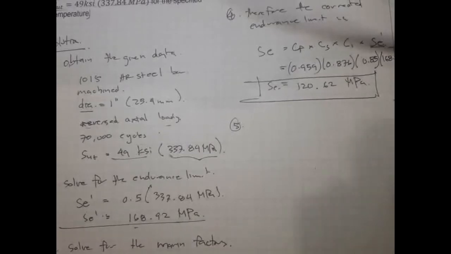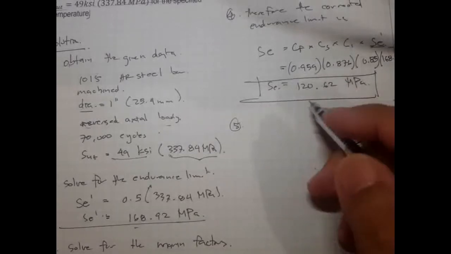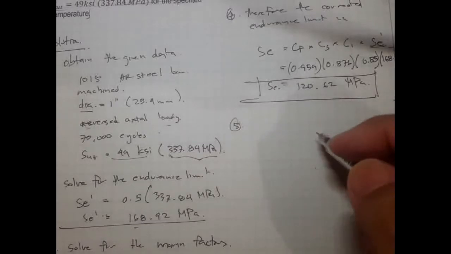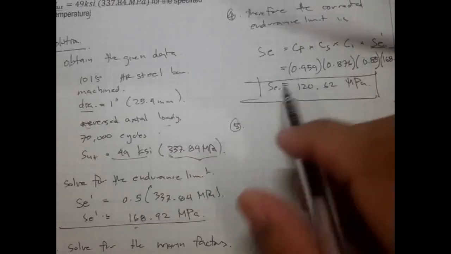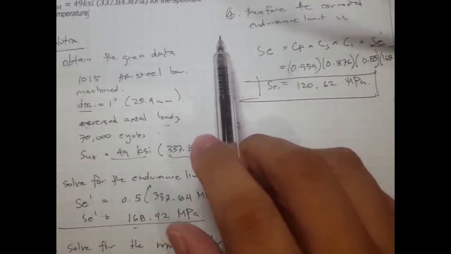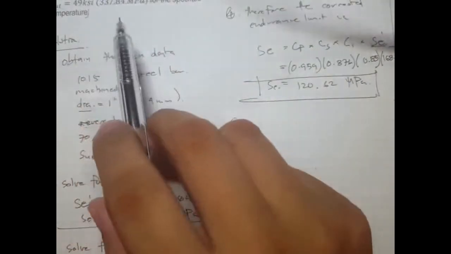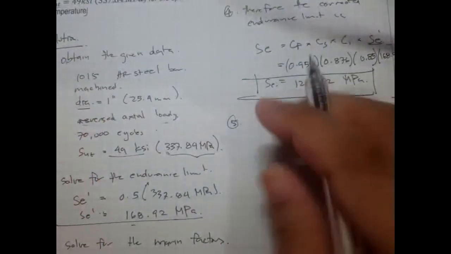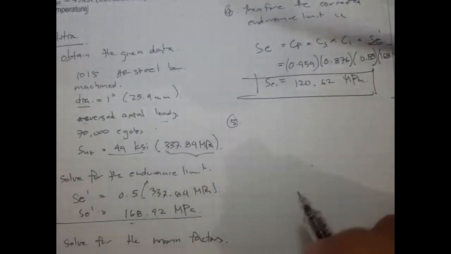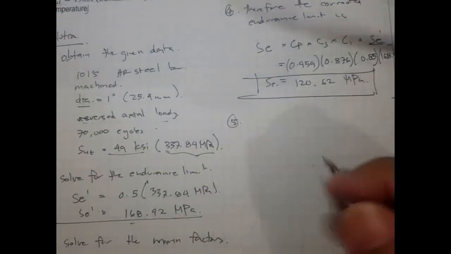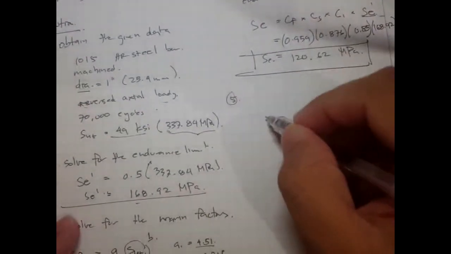Since we now have the endurance limit, then we can proceed further to our computation regarding the strength at 70,000 cycles. So the next step is let's graph first.